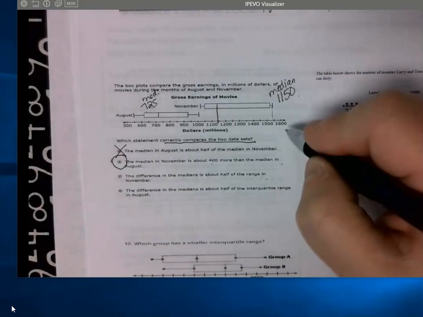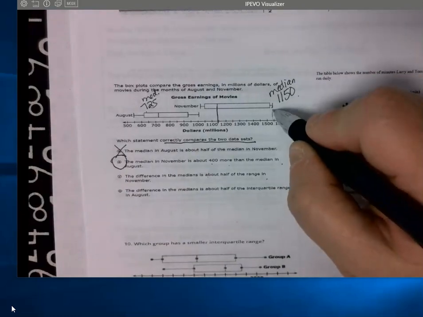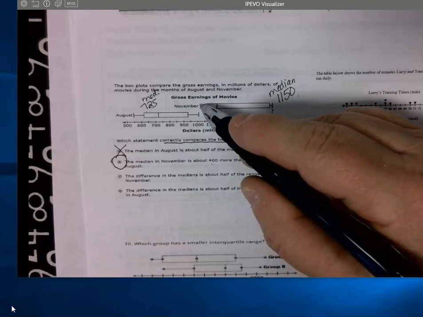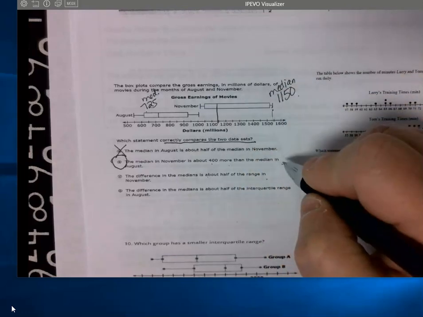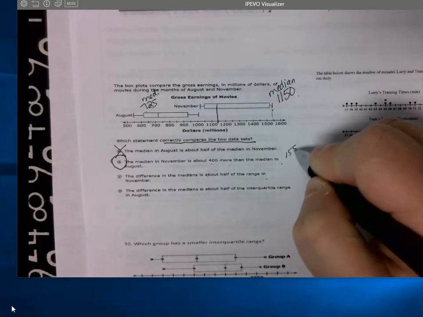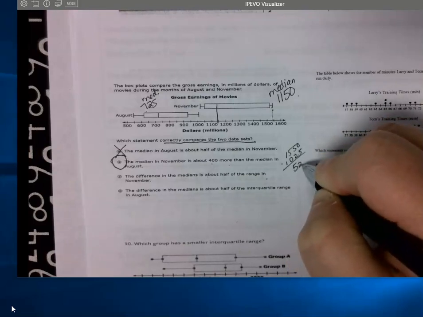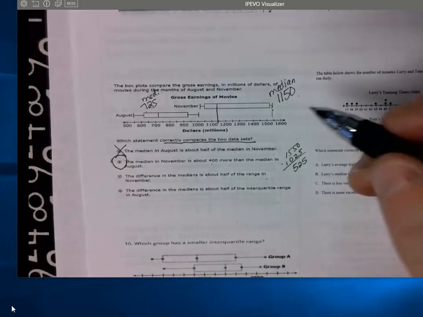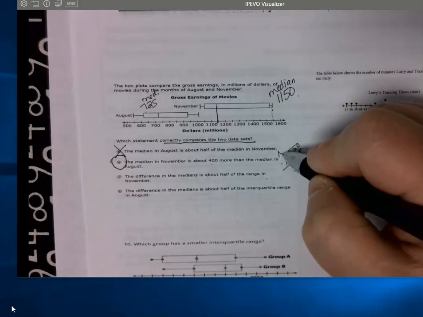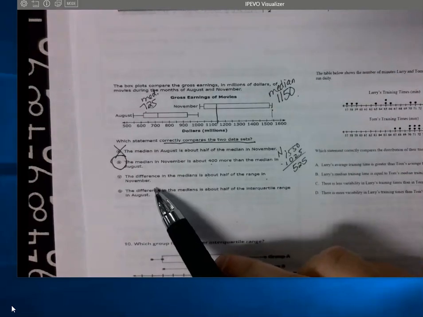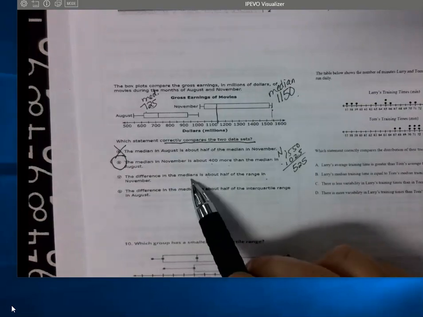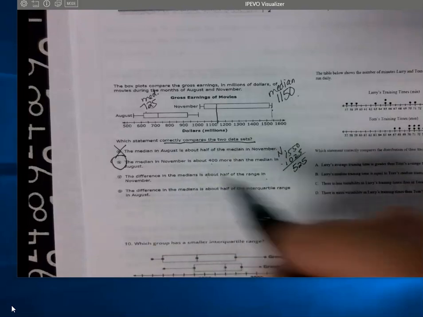Here we have 1550 minus 1025. So we get a range of 525 for November. And the difference in the median is 400.